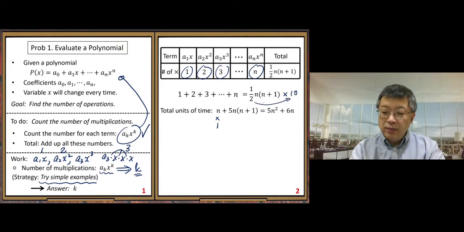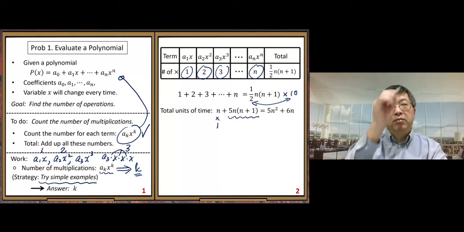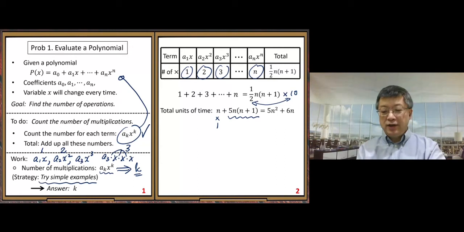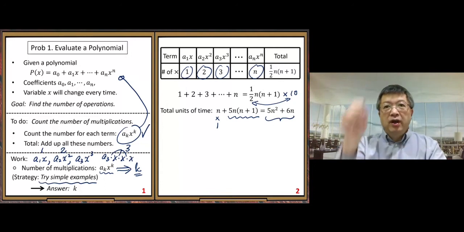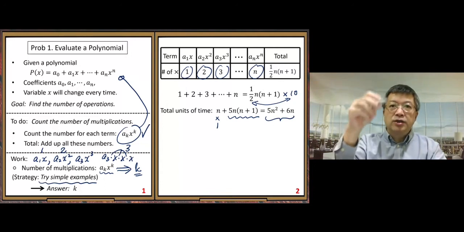So you do multiplication, 1/2 times 10, that's 5. So you get 5n times parenthesis n plus 1. So you do some simplification, and you get the final answer expression, 5n squared plus 6n.